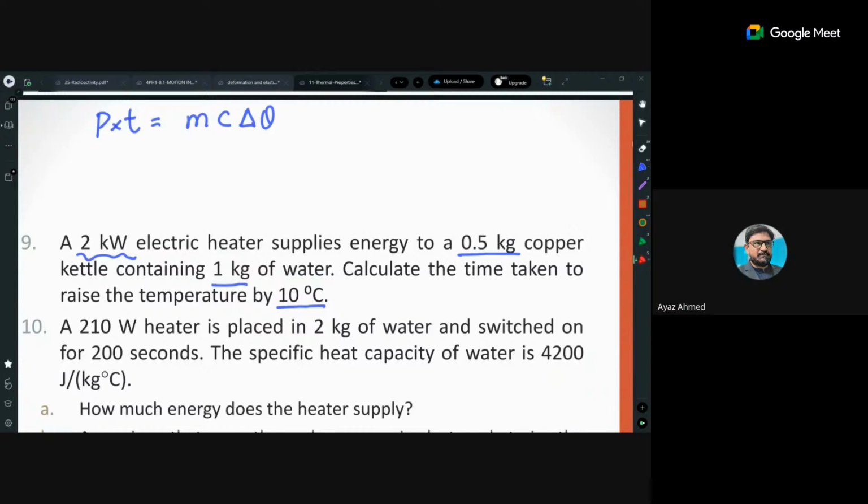Power is 2 kilowatt, meaning 2000 watt, and time is unknown. Mass is 1 kg, specific heat capacity is unknown, and change in temperature is 10. You will solve it easily because it is for water. The specific heat capacity of water is given in the top information, 4200, and the change in temperature is 10 degrees centigrade.